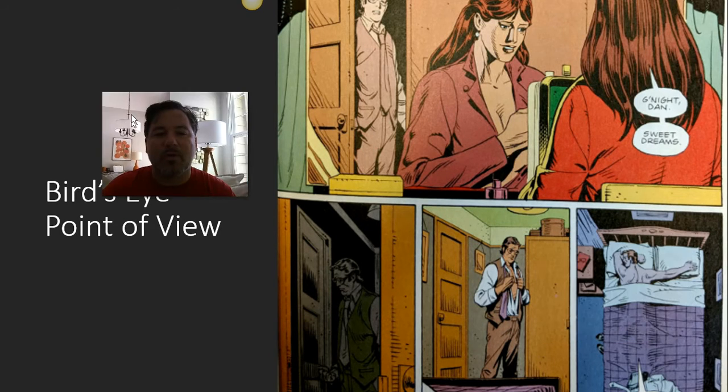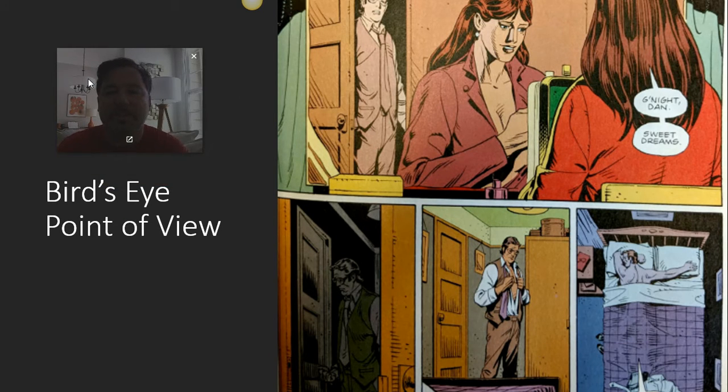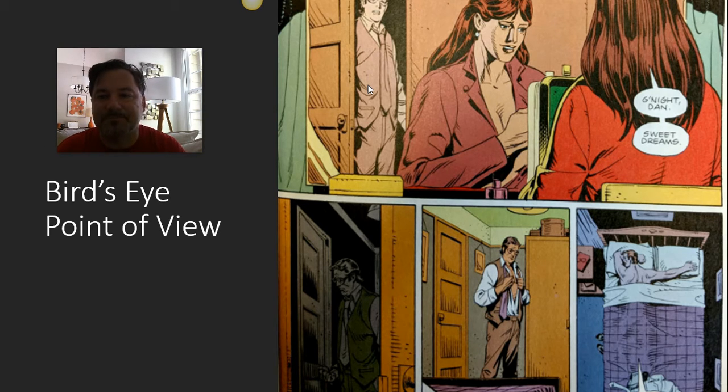And now bird's eye point of view. This starts out with a medium shot that I want to go over, even though this isn't a bird's eye point of view, where you see the eyes of the two characters. Dan, Night Owl, is thinking about a romantic interaction with Silk Spectre, and you can see their two eyes, where his eyes look at her and her eyes look around.